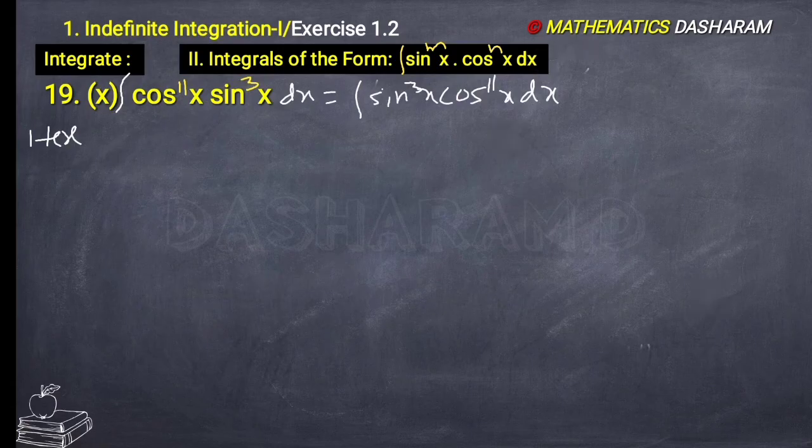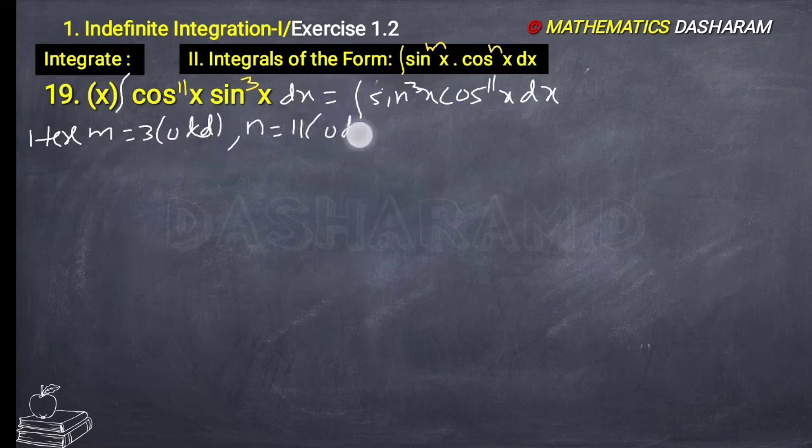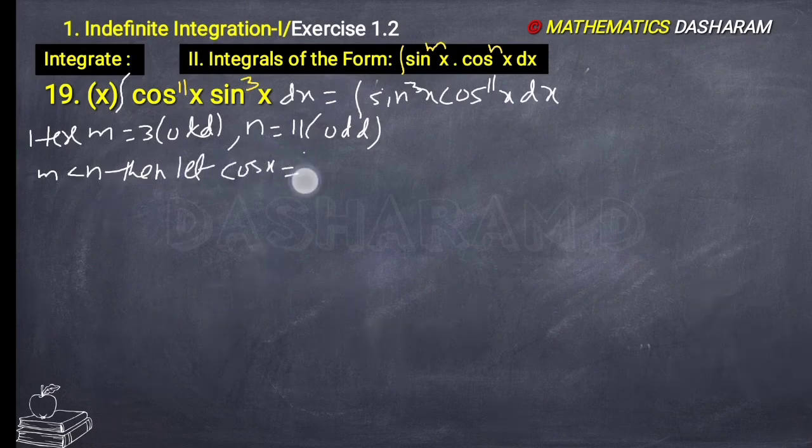So m equals 3, which is an odd number, and n equals 11, which is also an odd number. Since both are odd numbers, compare m and n. Here m is less than n, so let cos x equal to t.